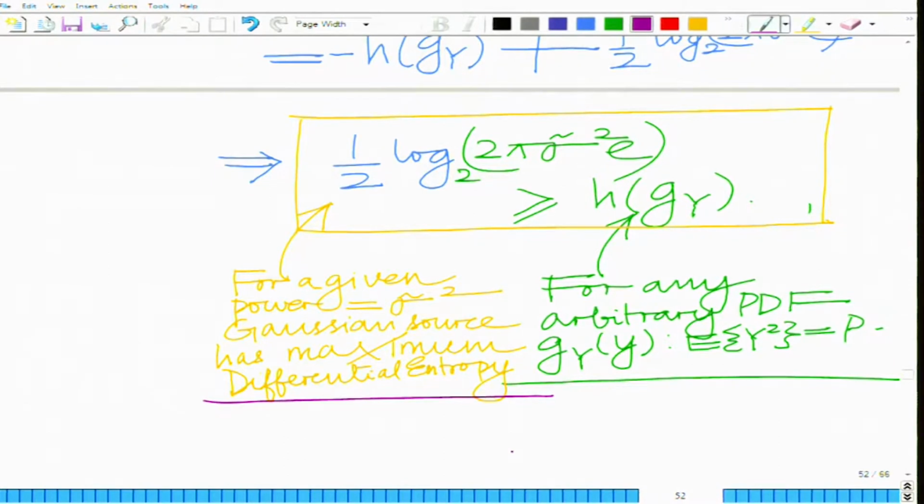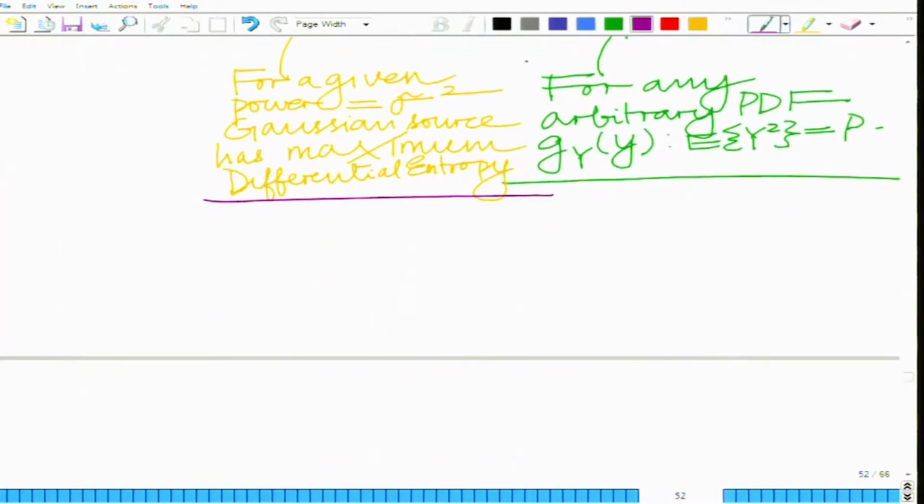Okay. And now, if you go back to our original problem, remember this was all an aside to derive that probability density function which maximizes the differential entropy.